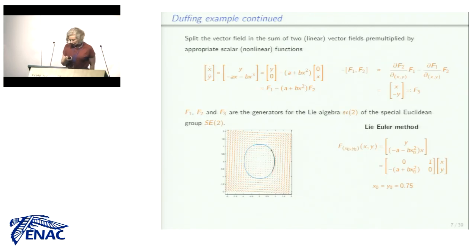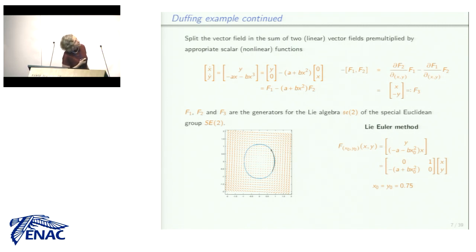This is what you can do with a Lie group integrator. Suppose that we write our vector field in this form here. We can write it as a sum of two linear vector fields, very simple. But then we have this function in front of the second vector field because our vector field is nonlinear.